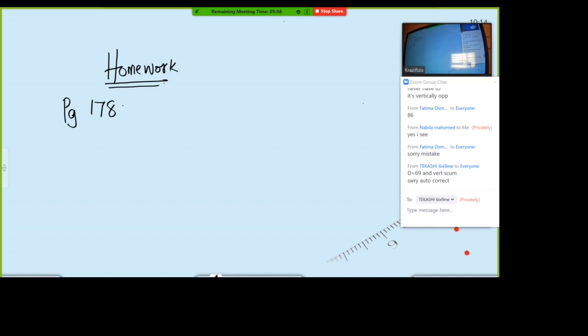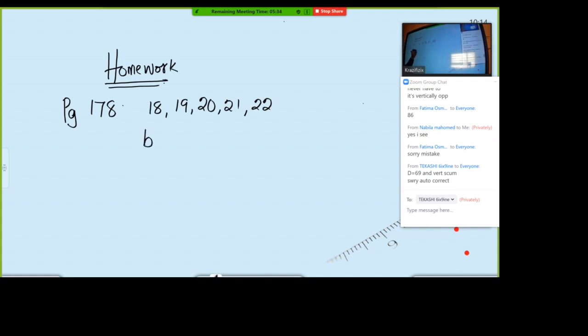We're going to look at 18, 19, 20. These structures are a bit more complex.